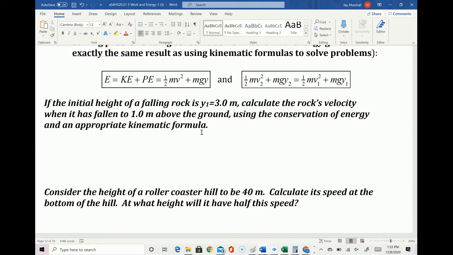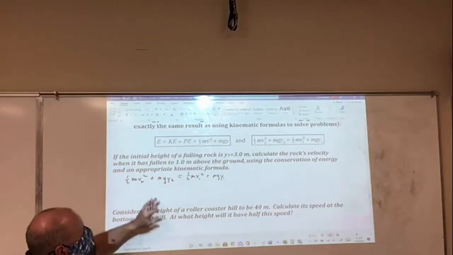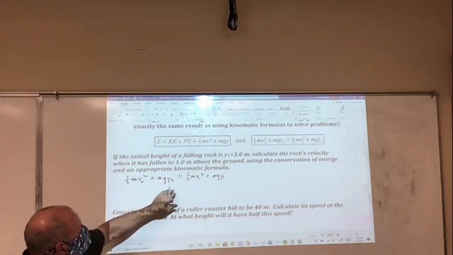Our procedure for conservation of energy, if we have a discrete before and after situation, is I'm just going to write out 1/2 mv2 squared plus mgy2 equals 1/2 mv1 squared plus mgy1. And I'm going to try to eliminate some of these.